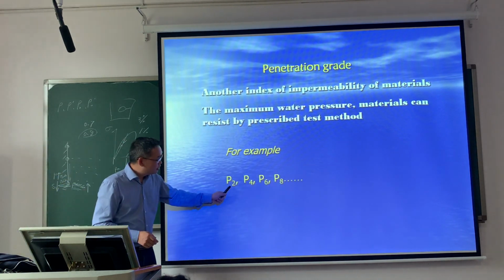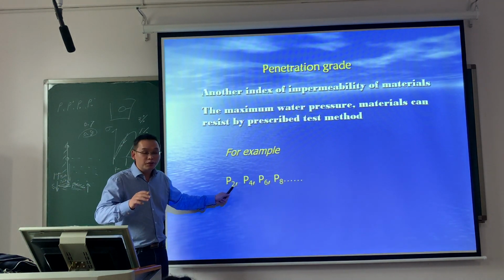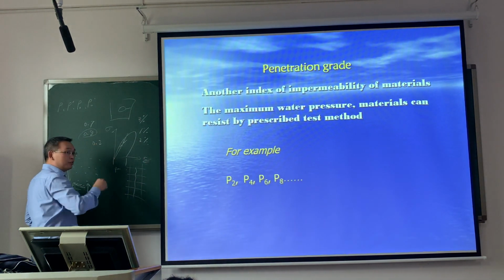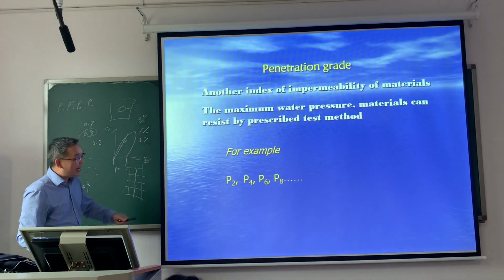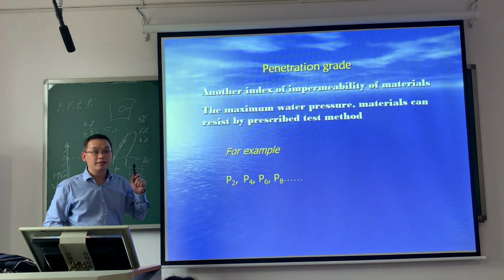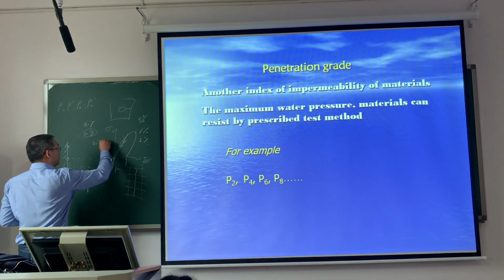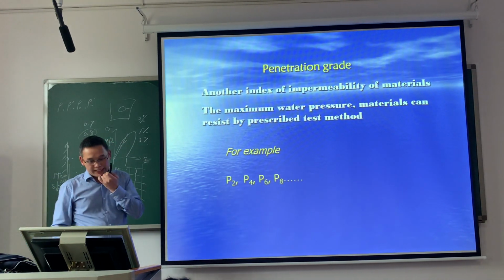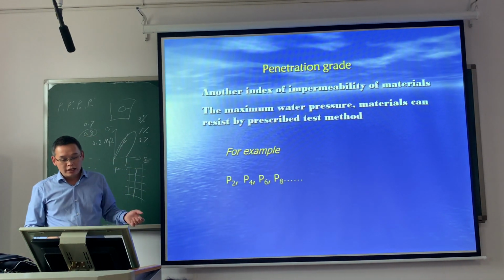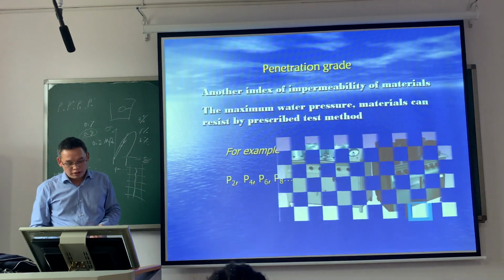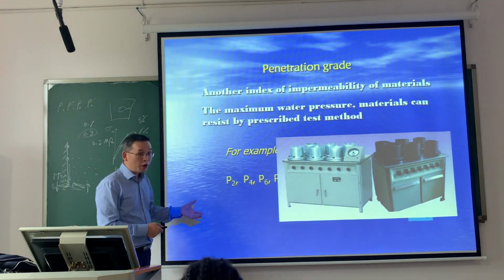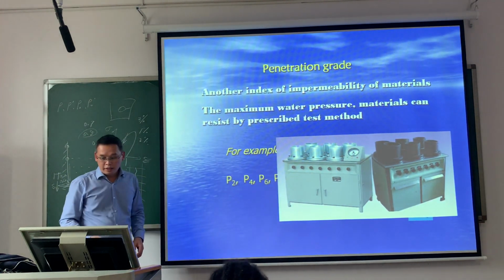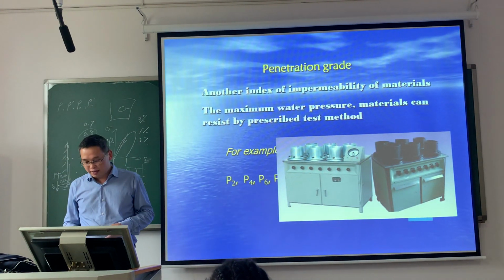But this 2 is not 2, it means 0.2. 8 means 0.8, the pressure. So this is the penetration grade for water resistance. We can use this equipment to test it. It's very complicated.